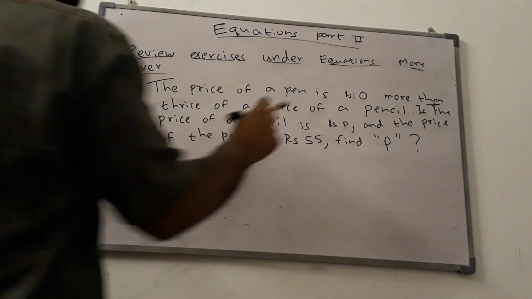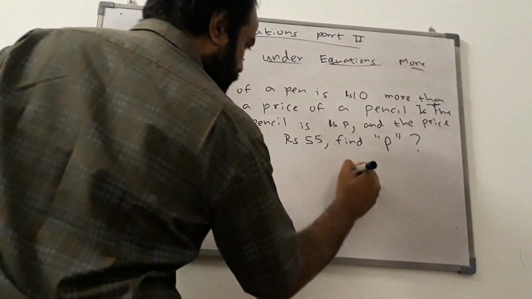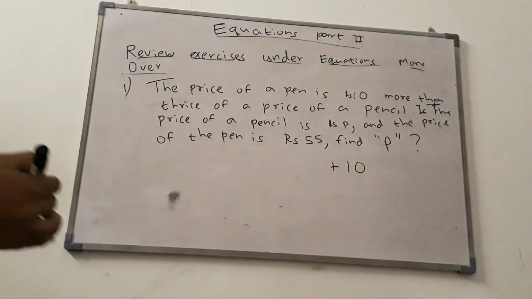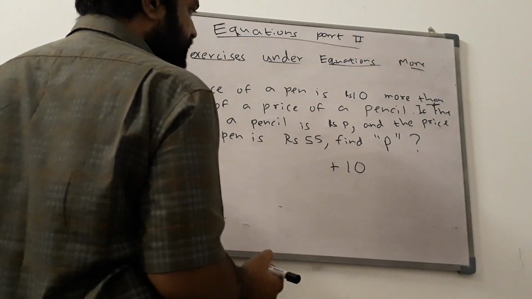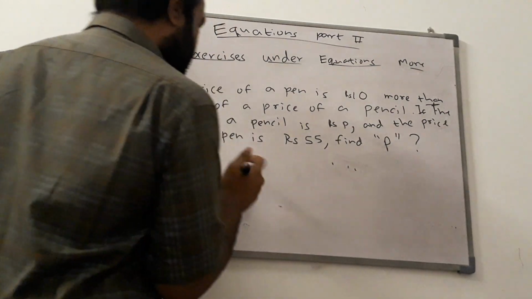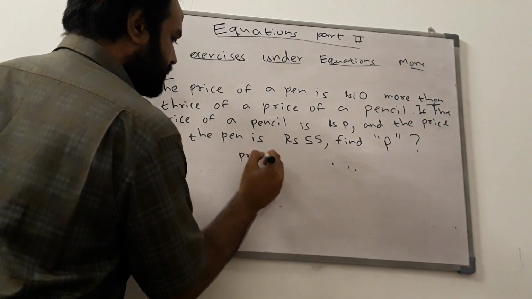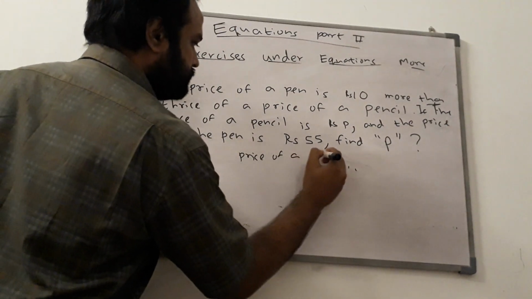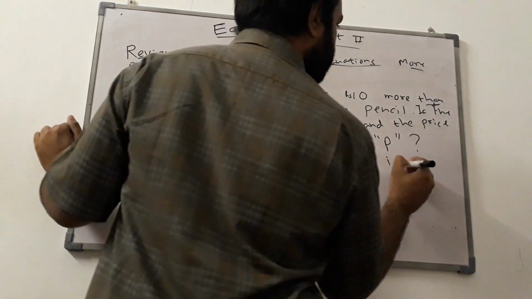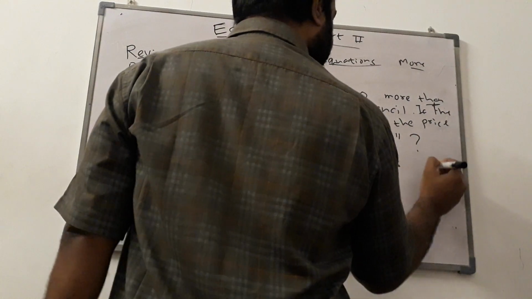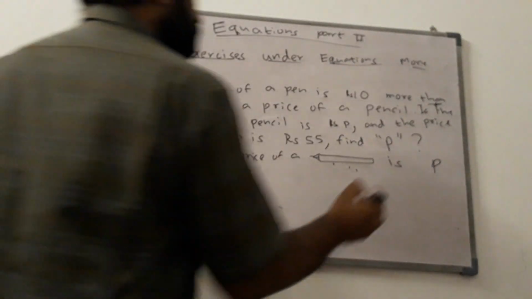It is said the price of a pen is 10 more than thrice the price of a pencil. So the price of a pencil is P rupees.